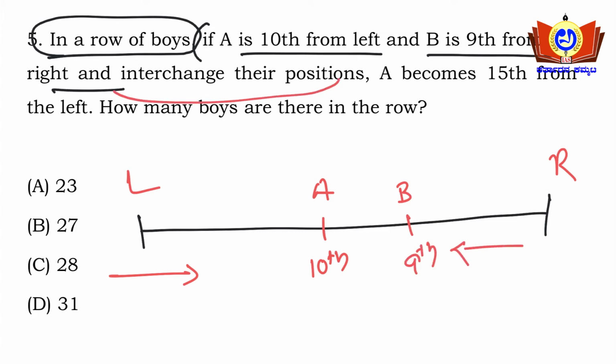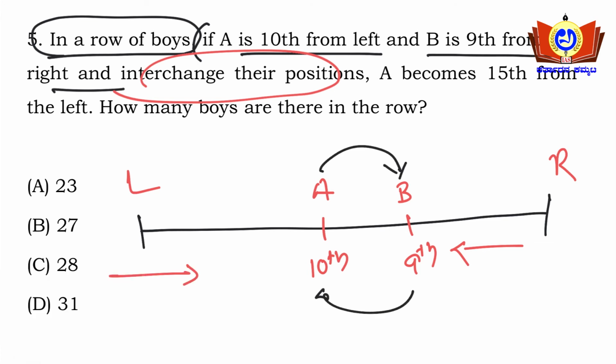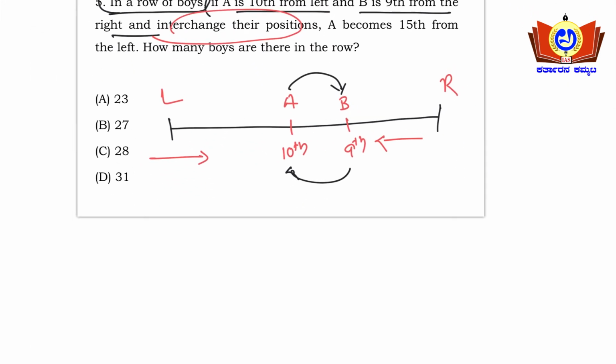Now they interchange their position. So A goes to this side where B is, and B will be here. Earlier it was B here, now it will be A here, and earlier it was A and now it will be B here.